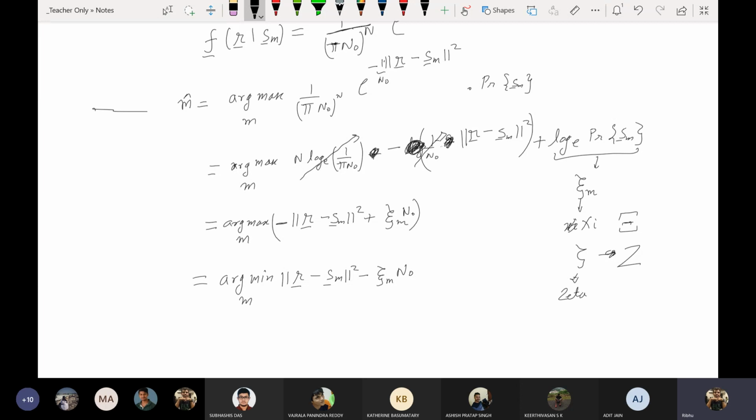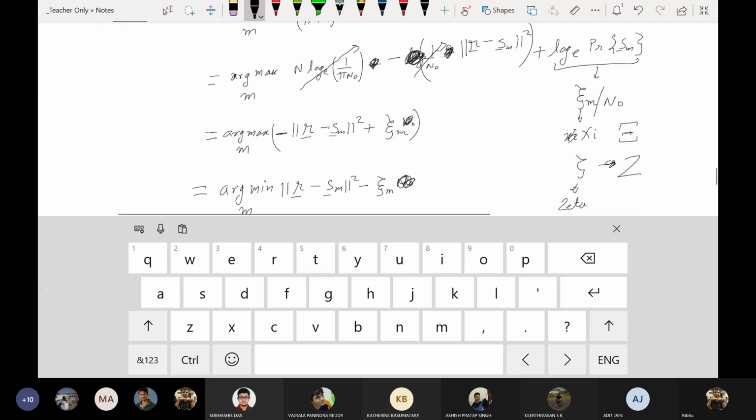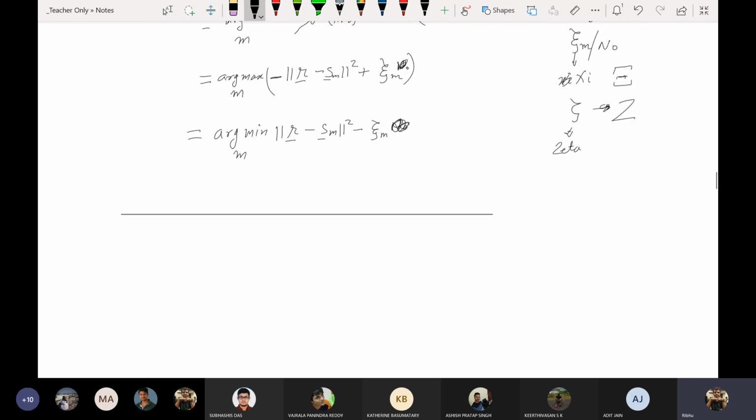So xi m by n naught, and n naught gets absorbed into xi m. This is a good thing with custom defined constants.